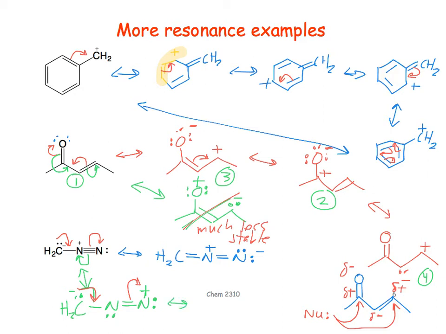We can get one more structure. There's that. Now it only has a single bond to this nitrogen with two non-bonding pairs over there. All right, so do we have any charges on this one? Positive on the carbon. Carbon's neutral. Negative on the nitrogen.